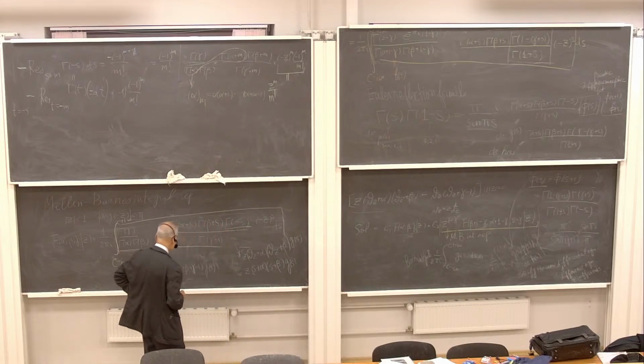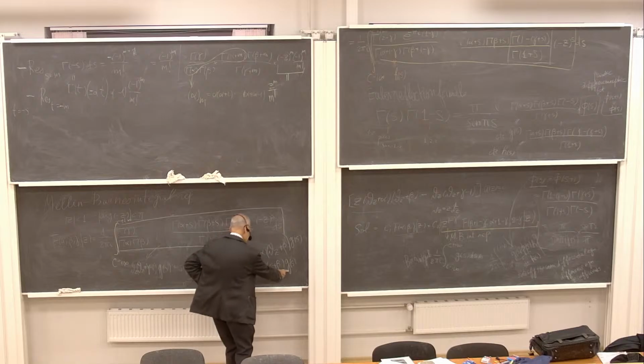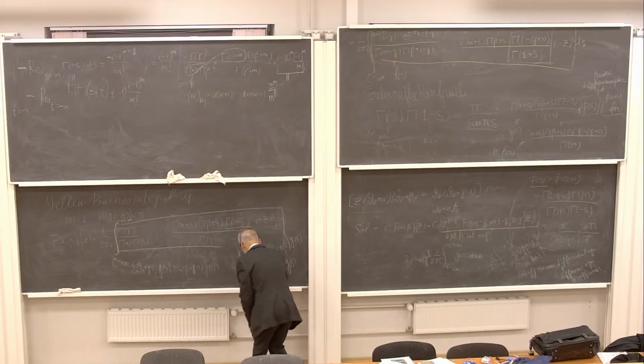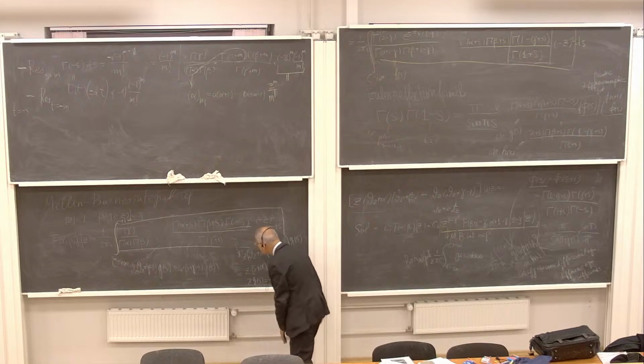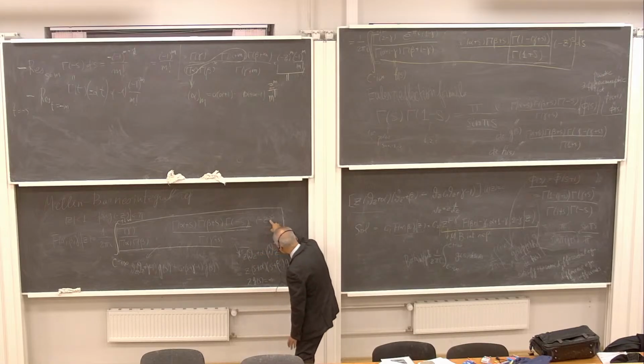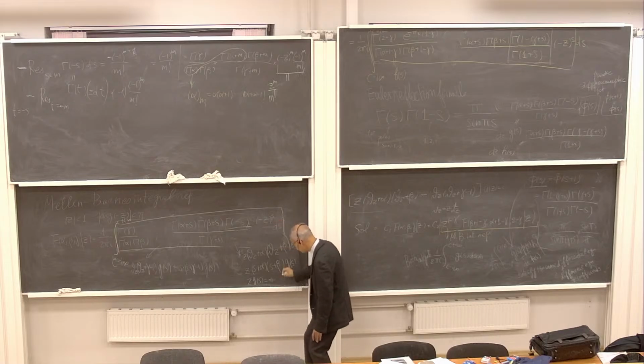So z times G(s) is, minus, it is z to the power s plus 1, G(s plus 1).